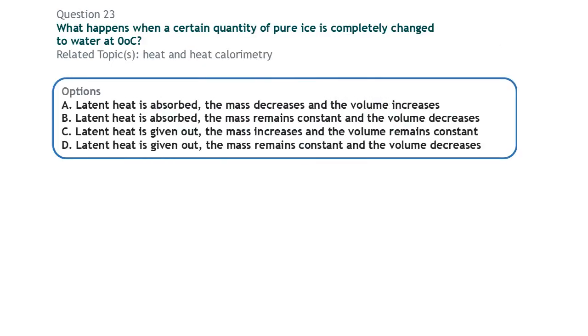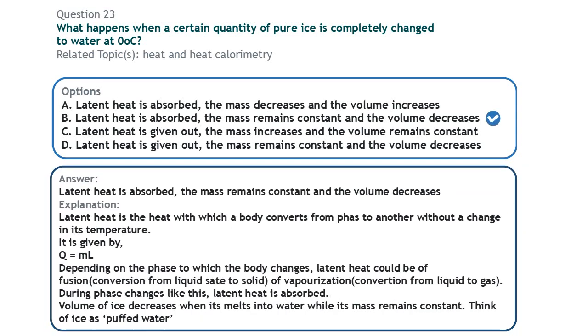Next, on heat and calorimetry, what happens when a certain quantity of pure ice is completely changed to water at 0 degrees Celsius? The latent heat will be absorbed. That's one. The mass will remain the same, it will remain constant, but the volume is going to change.